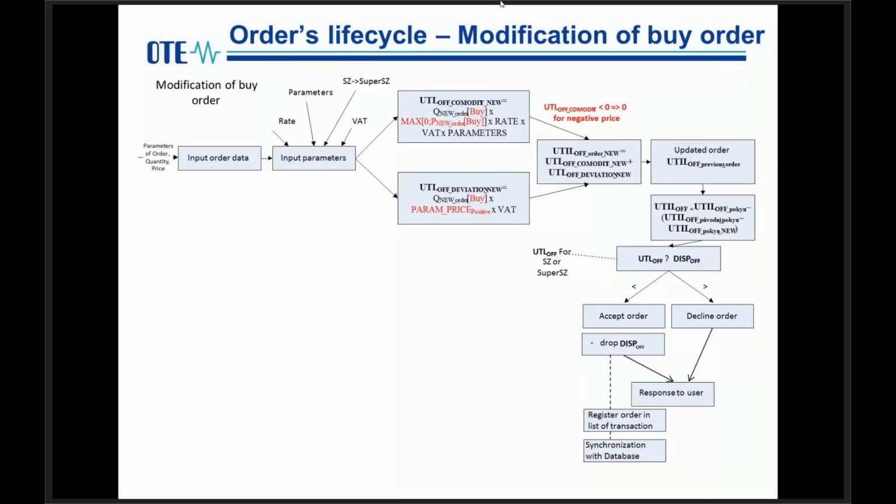Another process is the modification of a buy order. In this particular instance, when calculating the utilization for financial security, you take out the remaining modified value and do a new utilization calculation.